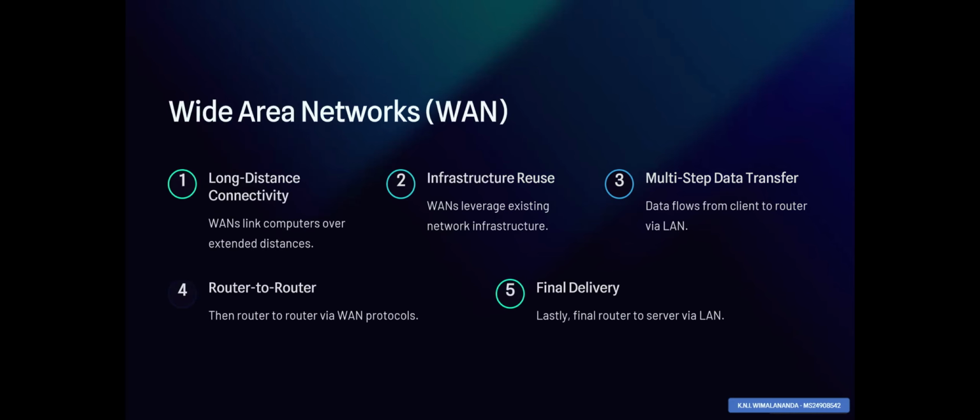And then, wide area networks. When connecting devices over long distances, we use wide area networks, or WANs. Unlike LANs, which typically use dedicated cabling, WANs often leverage existing infrastructure like telephone networks or the internet.